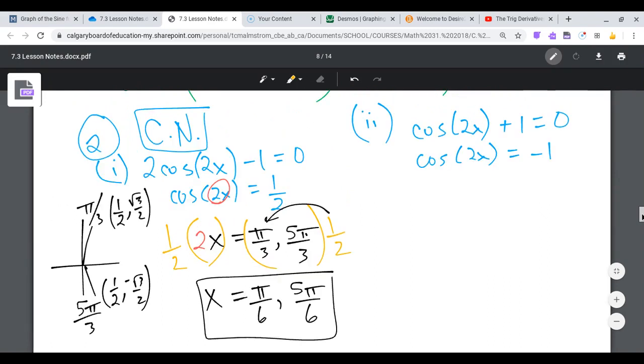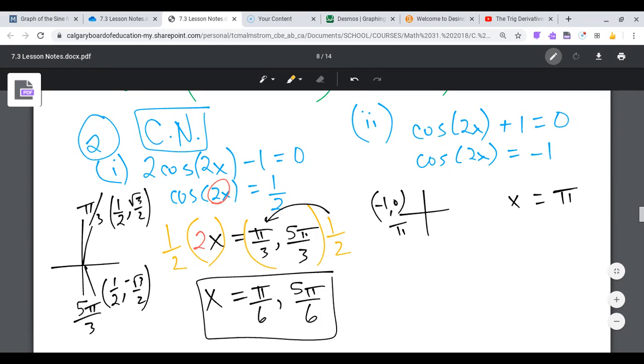And then in the second case, again, if I'm going to use this whole idea of a horizontal stretch happening, I'm going to look at where cos x is equal to -1 to start with. So that would be at pi. Okay, so I would be thinking x is equal to pi if I was just thinking it was cos x.